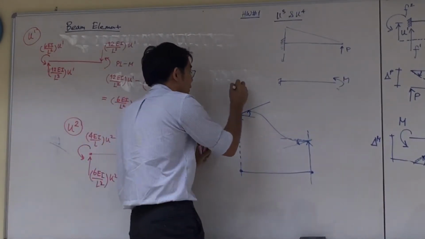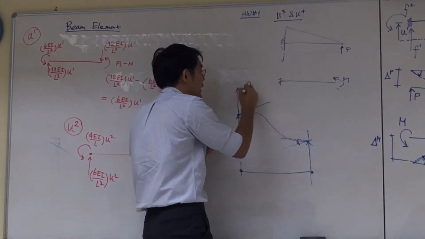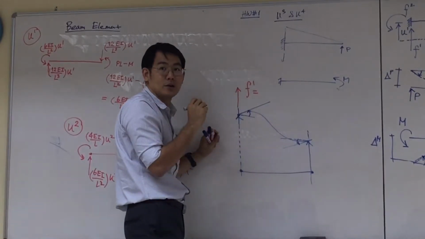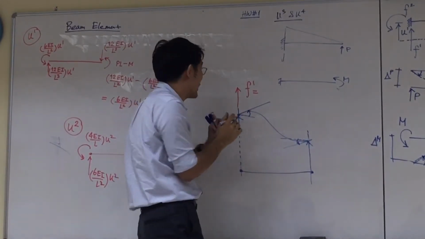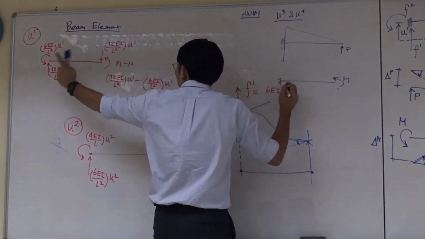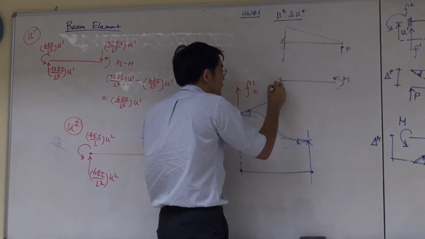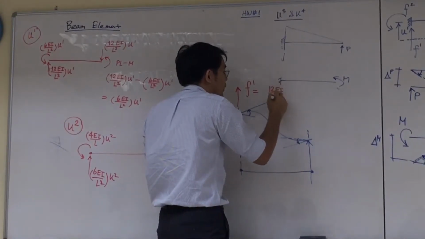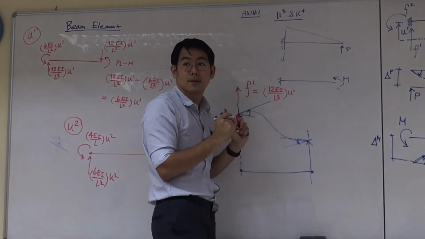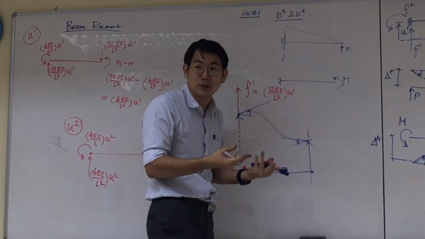So here your F1, you can constitute this F1 by 12 EI over L cubed U1, upward side, right? This is the effect from applying displacement U1.